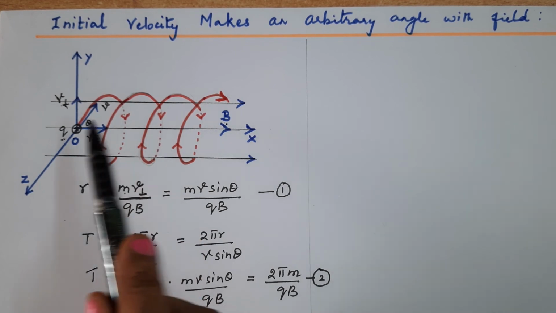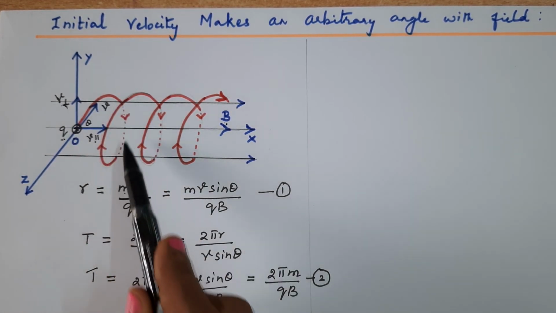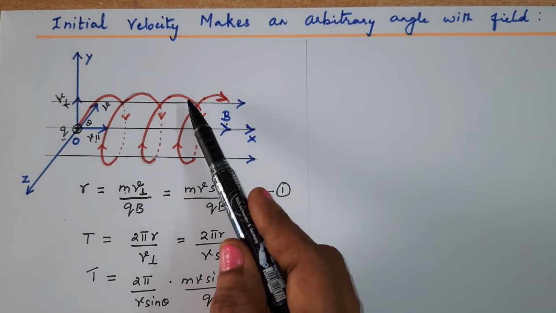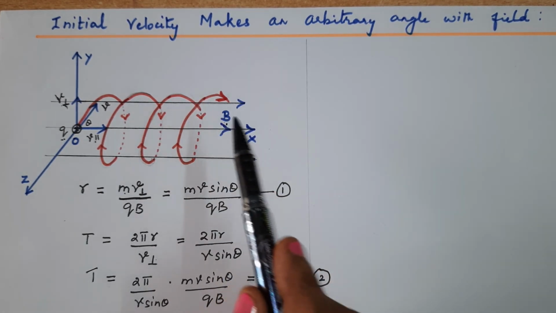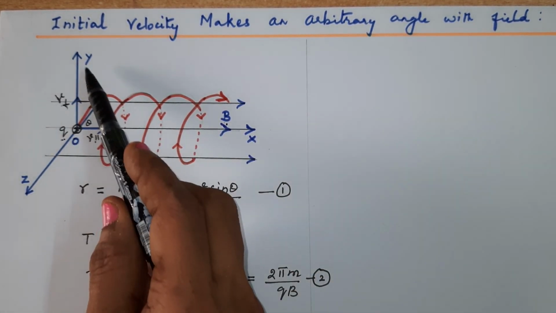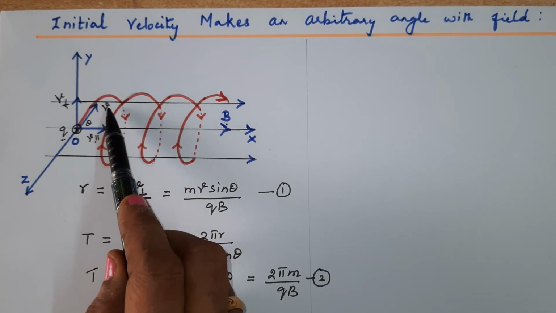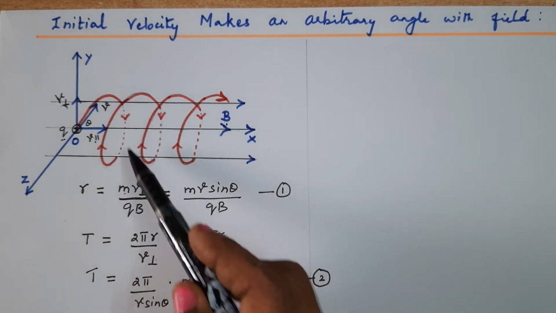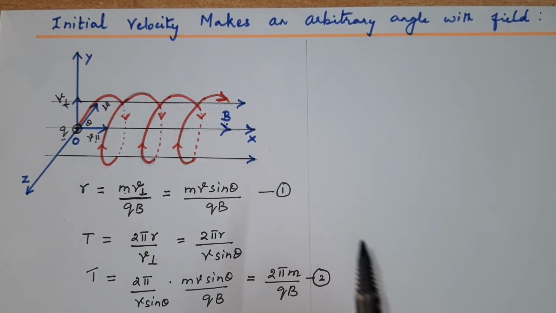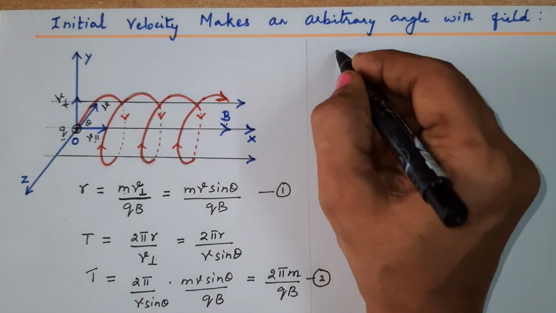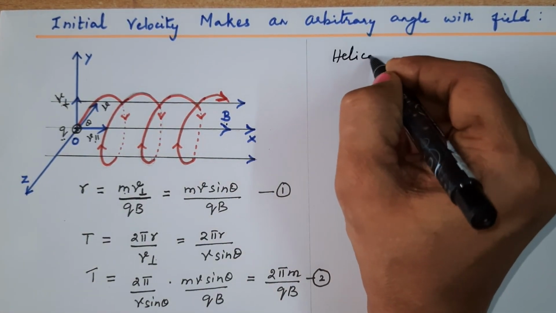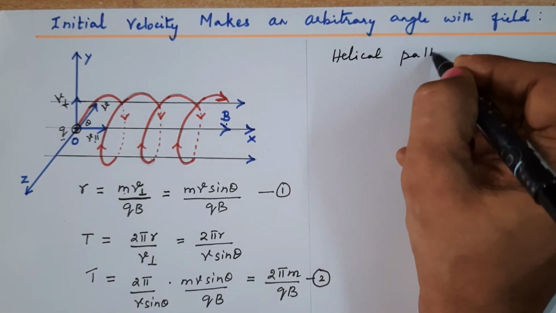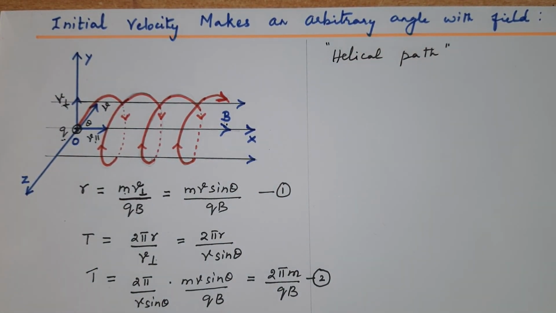Another is the circular motion, in the plane perpendicular to the B vector, that is along the YZ plane. The particle exhibits two types of motions, hence the resultant path is the helical path. Otherwise, a helix is represented by this particle.